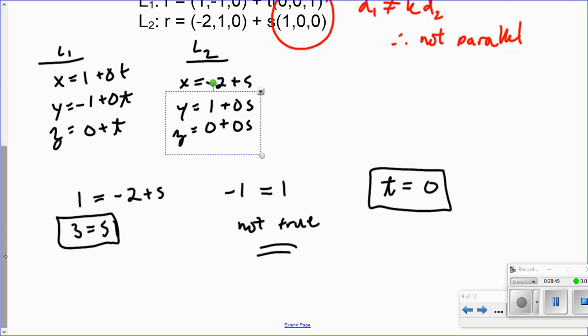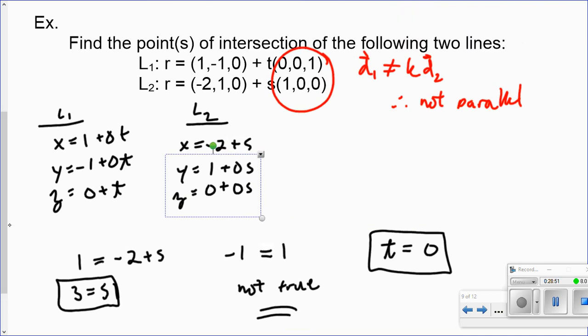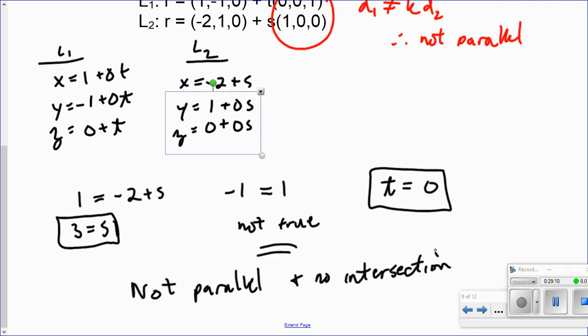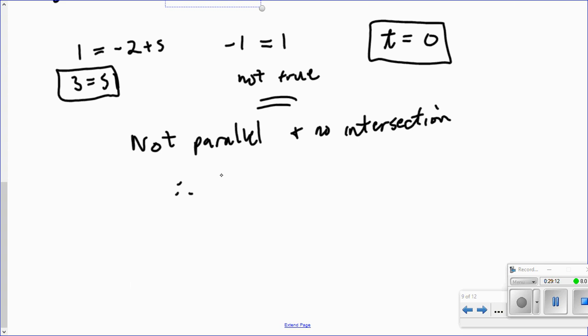We need consistent solutions, we need everything to work out nicely. So now we've got this situation where they're not parallel and they have no intersection. Therefore these are skew lines.